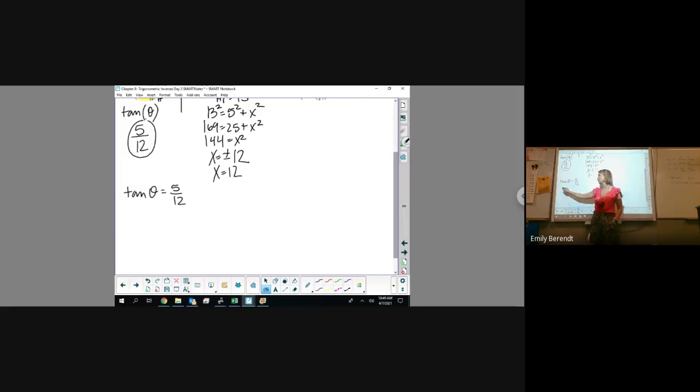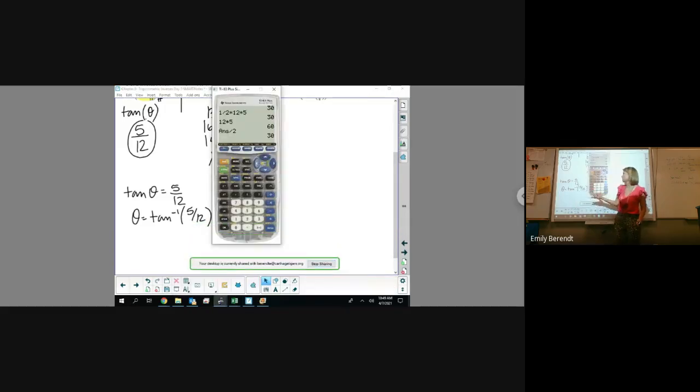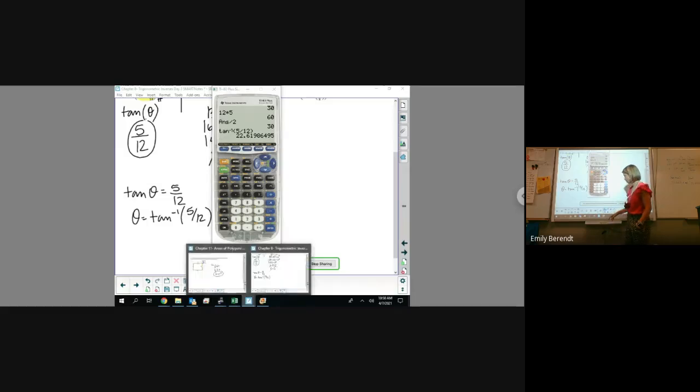Theta is an angle. So I could say theta equals inverse tangent of 5/12, right? So think about this. This ratio is positive. Where do inverse tangents of positive ratio search? Quadrant 1. So if you recall, you actually did this on the day one stuff. So let me make sure my mode's still in degree. Yep. So inverse tangent of 5/12 is 22.6 degrees. Bing, bada, boom.